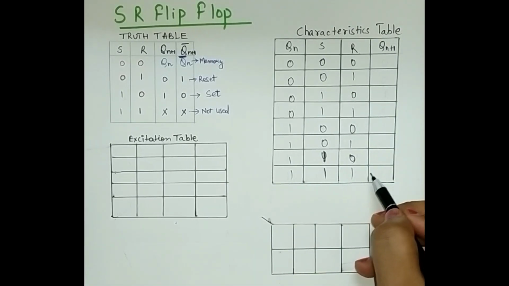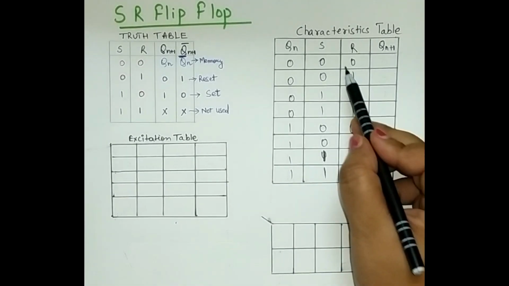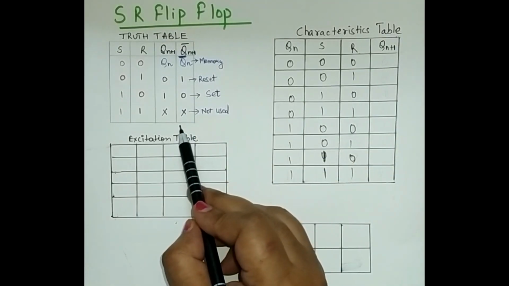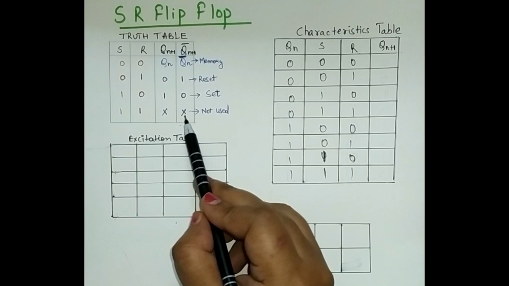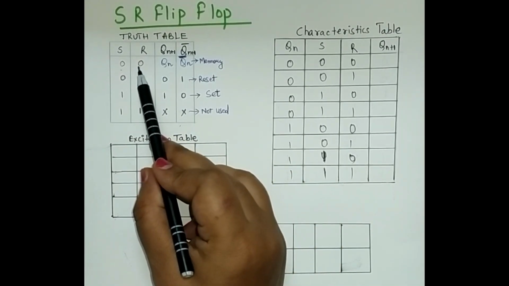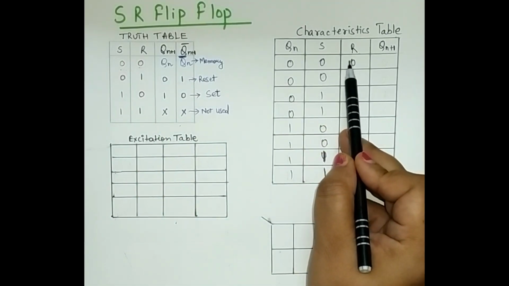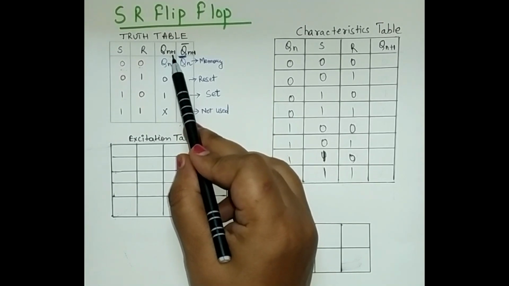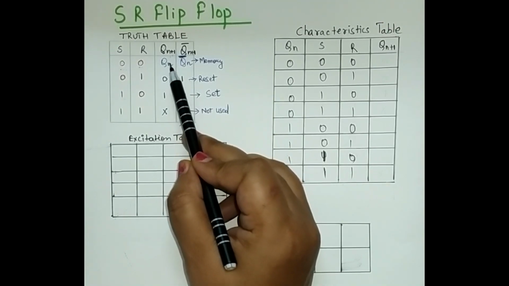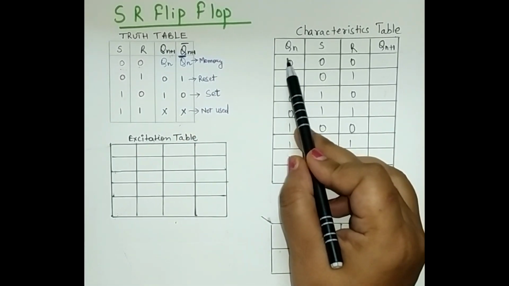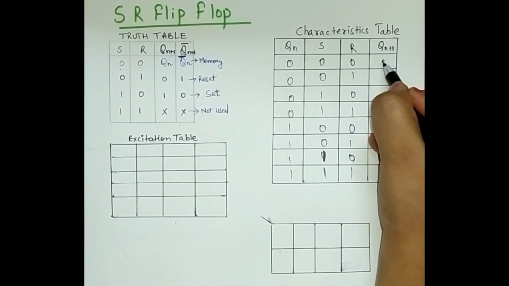Now let us find my output. For writing this output column, you have to take the reference of the earlier truth table. When S is 0 and R is 0, what is the value of my next state Qn plus 1? It is the value of the previous state. What is the previous state over here? It is 0, so I will put a 0 here.